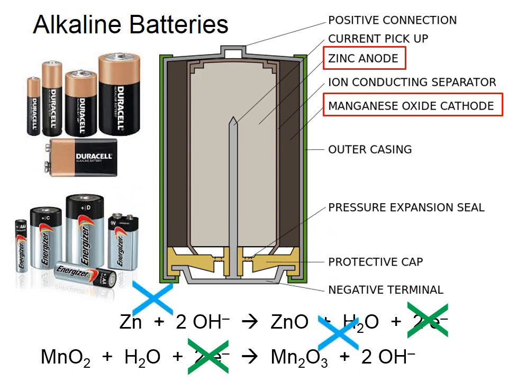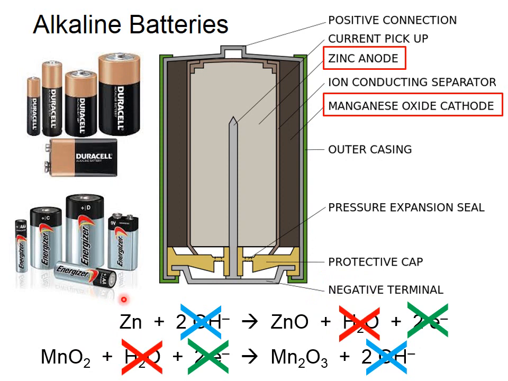It turns out that the hydroxide ions also cancel here, and the water cancels as well. Our overall reaction involves zinc being oxidized and manganese dioxide being reduced, and typically on the product side we're going to have zinc oxide and something like manganese(III) oxide as a product.